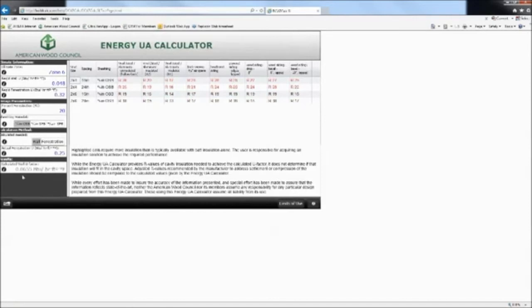So this would come out with a wall U factor right there at 0.0655, and it has the options. In northern climate zones, it's pretty hard to get 2x4s to work sometimes, so oftentimes you'll end up with a 2x6. Great, thanks.